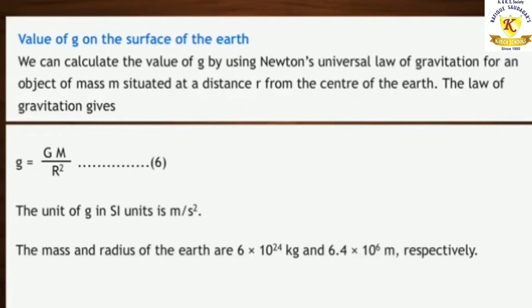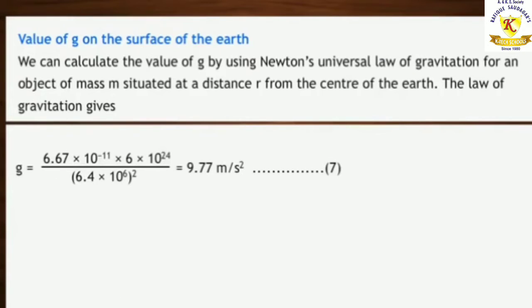The mass and the radius of the Earth are 6 into 10 raised to 24 kg and 6.4 into 10 raised to 6 meters respectively. Using these in equation number 6, we get g is equal to 6.67 into 10 raised to minus 11 into 6 into 10 raised to 24 upon 6.4 into 10 raised to 6 the whole square, which after calculating gives 9.77 meter per second square. Let this be equation number 7.